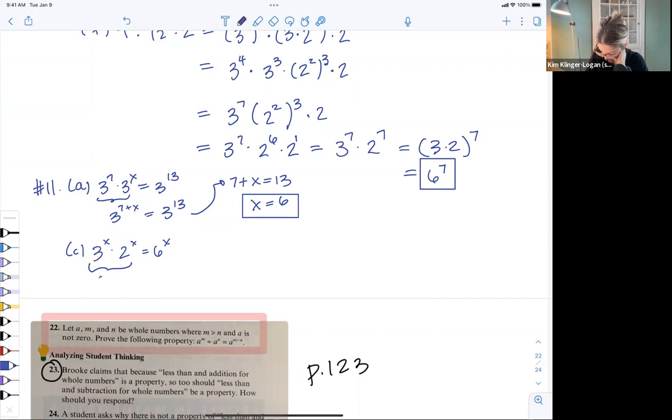That means I multiply these bases with the same exponent. And really this left-hand side is just 6 to the x, right? So this says 6 to the x is equal to 6 to the x. Right? This is 6 to the x and this is 6 to the x. When is that true? Well, that's actually true for all x.